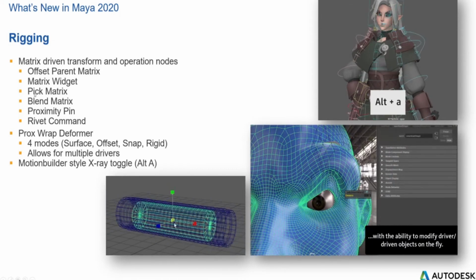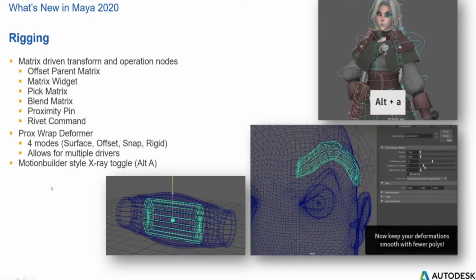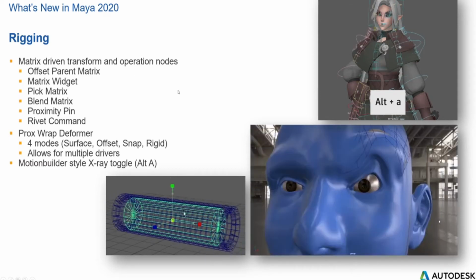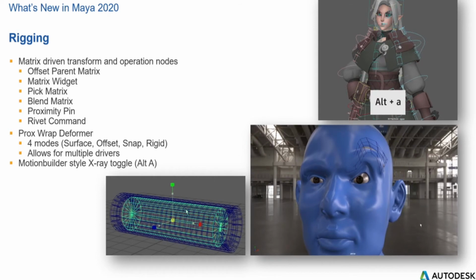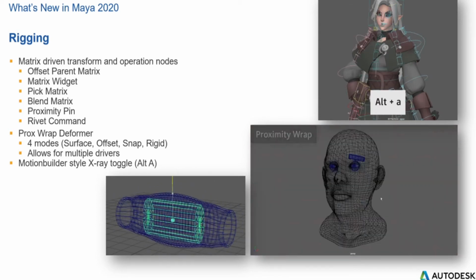So we have seen the proximity wrap deformer and the proximity pin, and now to the first part of this here, which is the offset parent matrix. I think you, or as a rigger, you certainly have heard and maybe even used matrices in Maya.